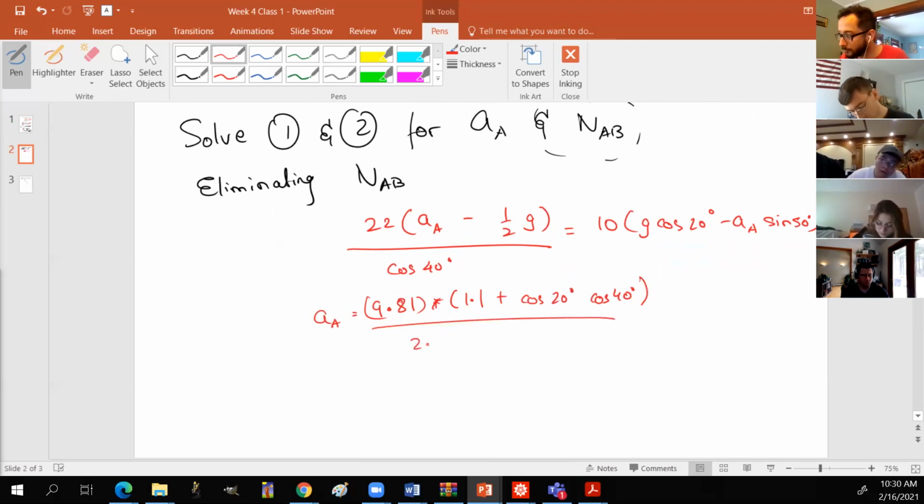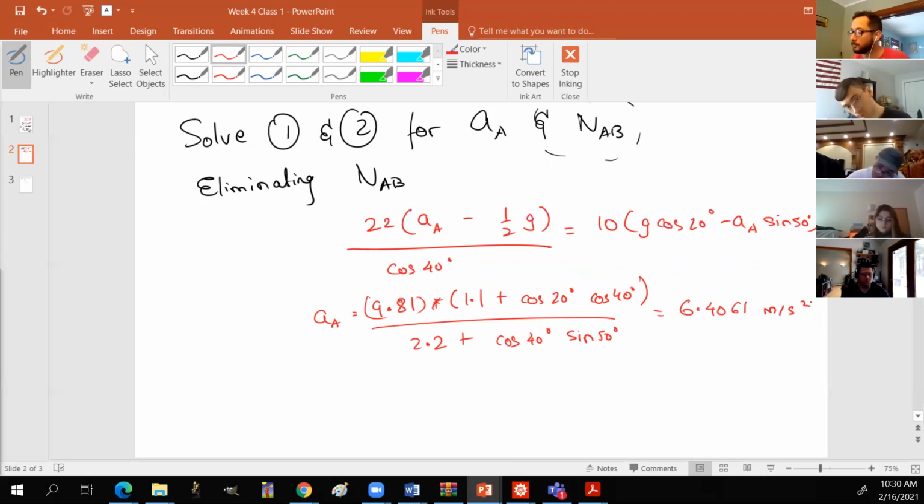This comes out to be equal to 6.4061 meters per second squared.